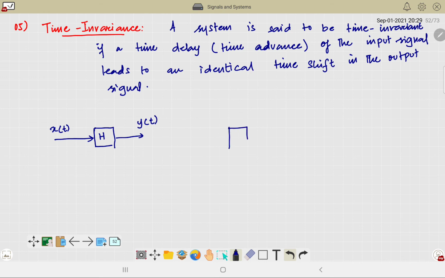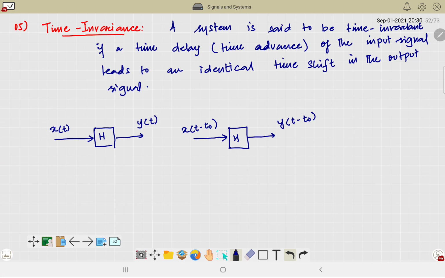Now for the same system, if I am shifting my input, say from t to t minus t naught, where t naught is the amount of shift, and if I am getting an output wherein the shift is preserved, meaning it also has the same amount of shift, then I say the system is time invariant. In any case, if the shift is not preserved, meaning in your output you are not getting the same amount of shift, we say it is time variant, that it varies with time.